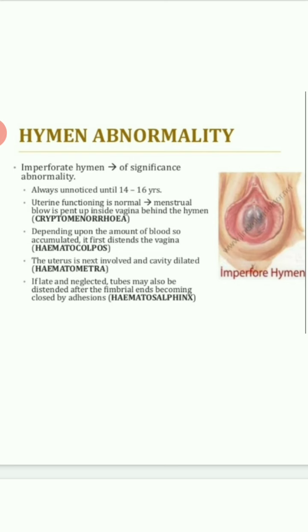In late and neglected cases, the tubes may also be distended after the fimbrial ends become closed by adhesions. That is hematosalpinx. We are saying this for the fallopian tube; another name for the fallopian tube is salpinx.